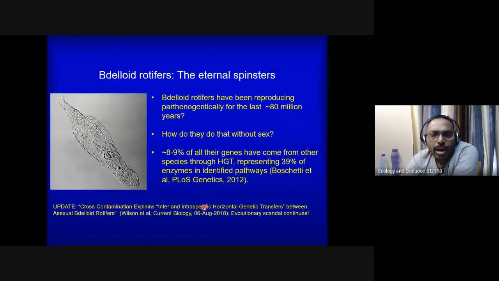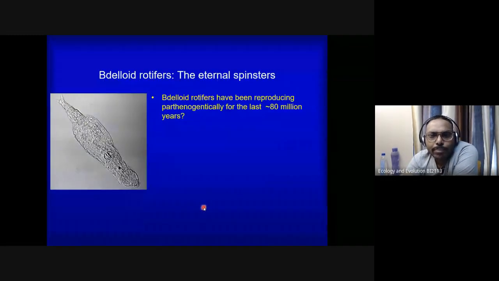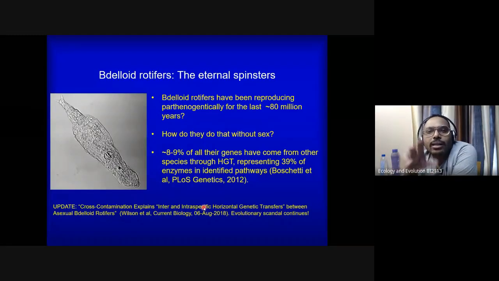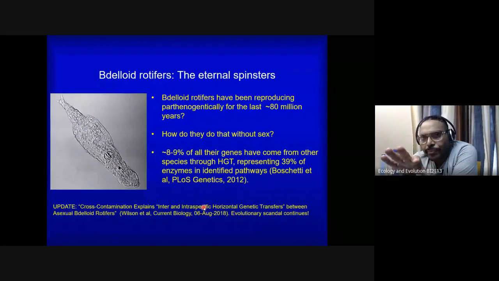Anyway, these two examples that I have shown you are poster boy examples, and I'm showing them just to make the point that these two examples are not correct.